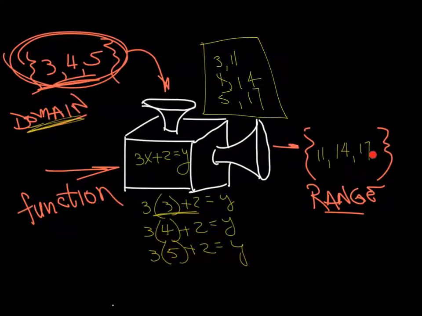These are the possible answers that I'm going to get when I put in those 3 numbers. Alright, so your function is basically your equation. When I'm talking about functions, we're looking at the equation where we put in an x and get out a y. So that takes us basically all the way through the lesson.